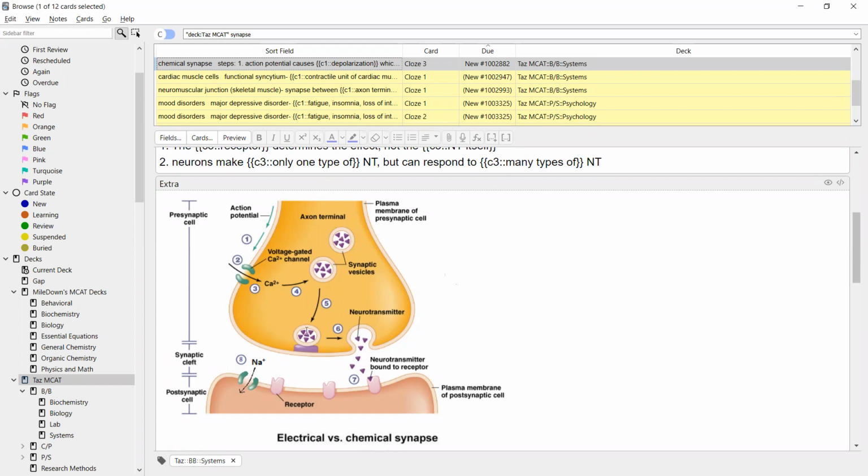Maybe in the first vesicle, it only gets 5. And then in the second vesicle, it gets 5. In the third one, it gets 5. Fourth one, it gets 5. So if this one axon terminal gives 4 vesicles in quick succession, that's going to be enough neurotransmitter to trigger this action potential. However, what if this neuron is only releasing 1 vesicle at a time?